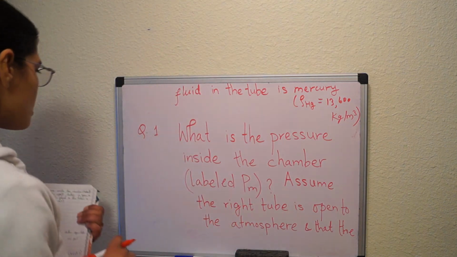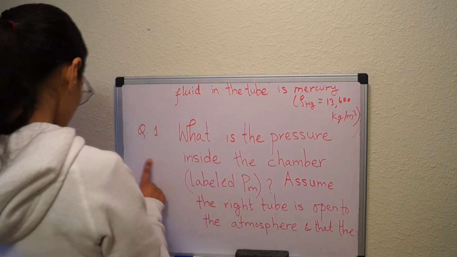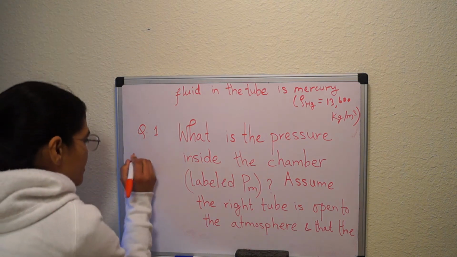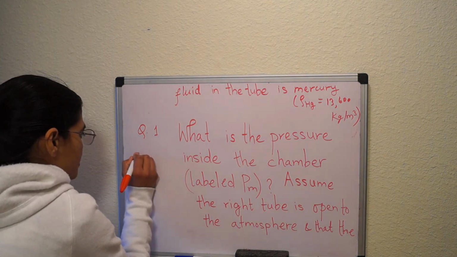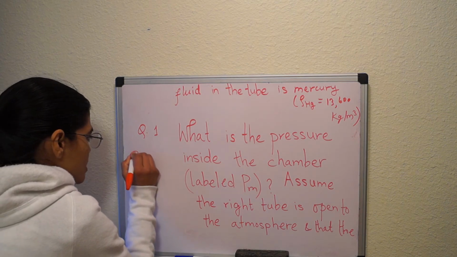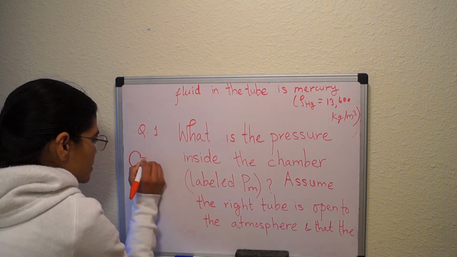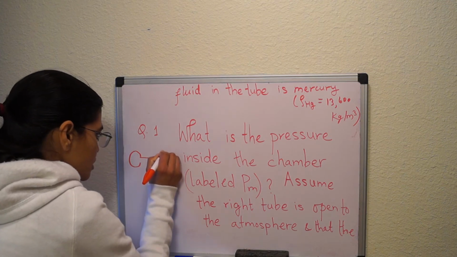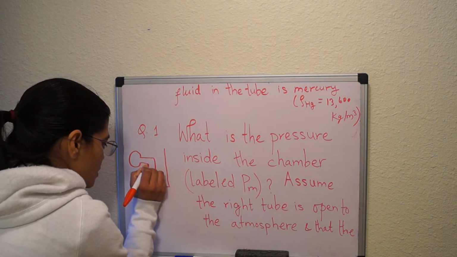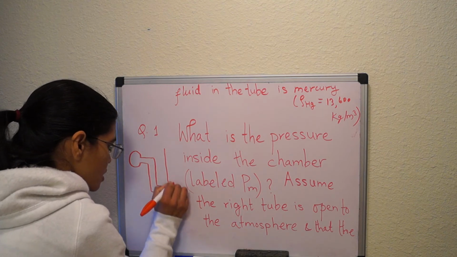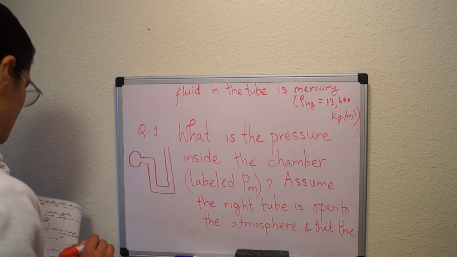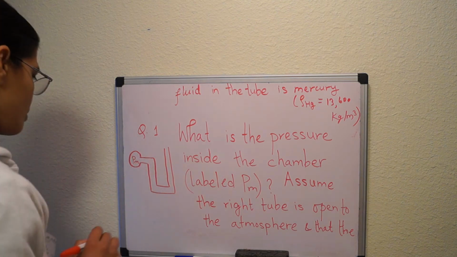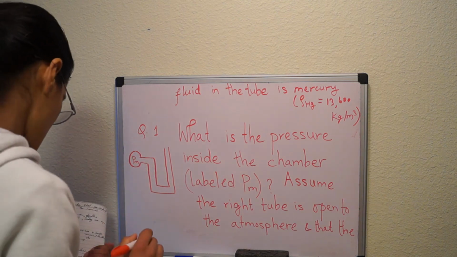I'm going to draw a diagram over here. It's going to be a little bit congested, but I think it should be okay. This is where we have the level PM, so that's the gas we have there.